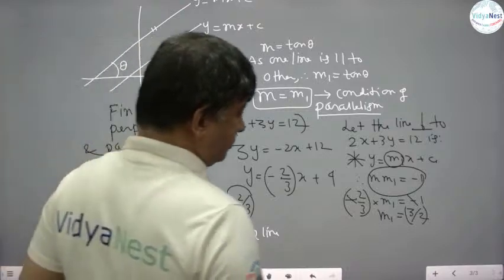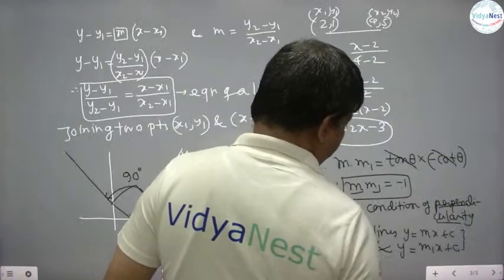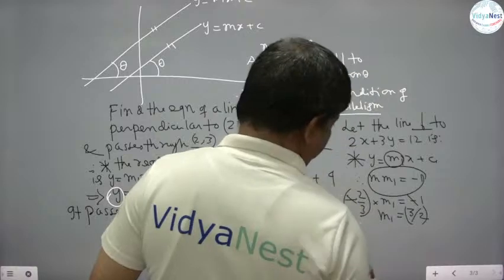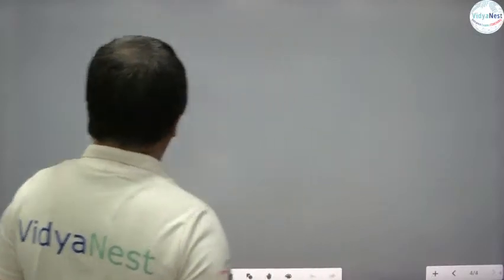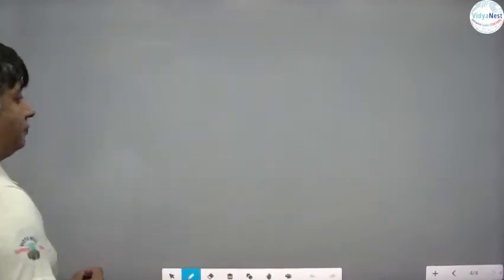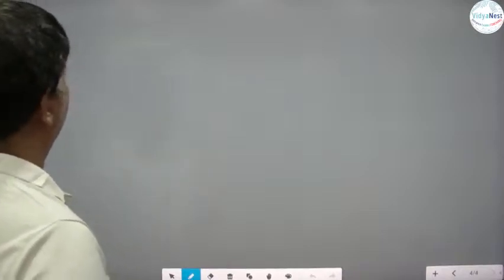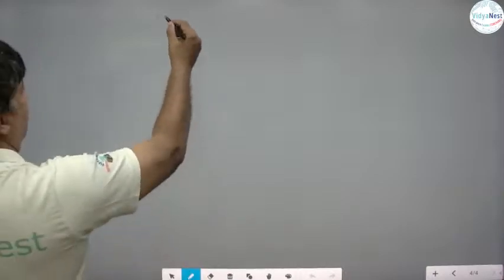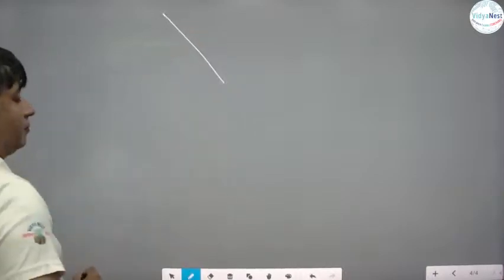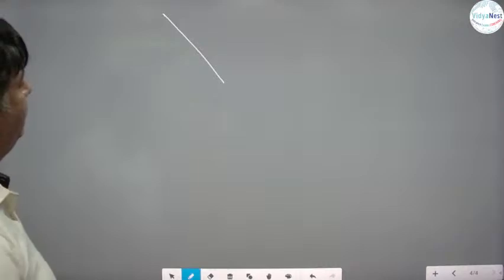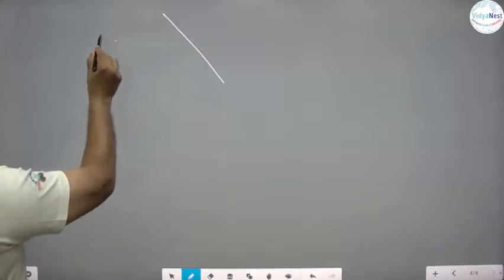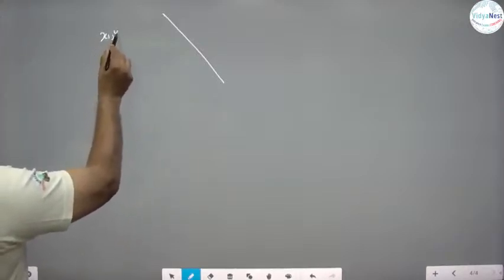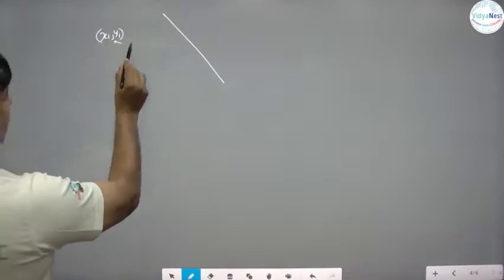Now, let us take one arbitrary line, and there is a point (x1, y1), and you are to find the distance.